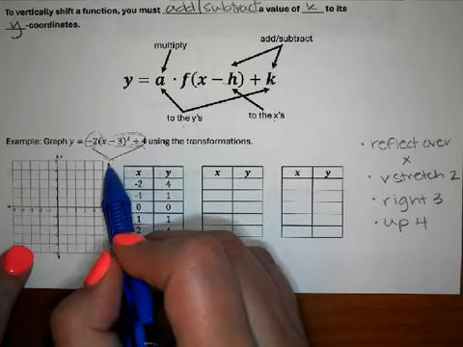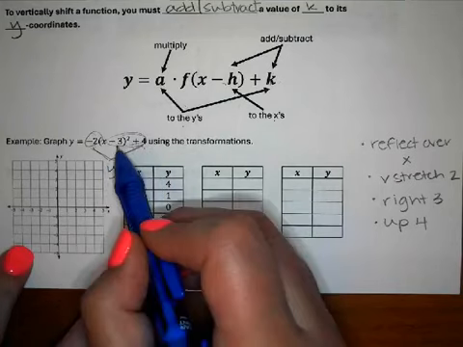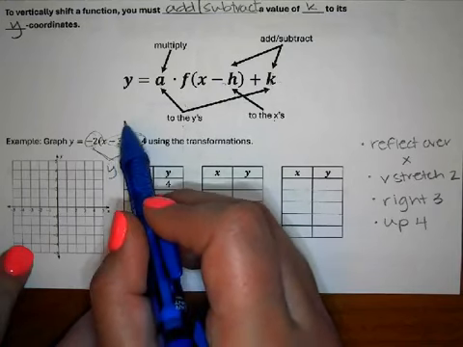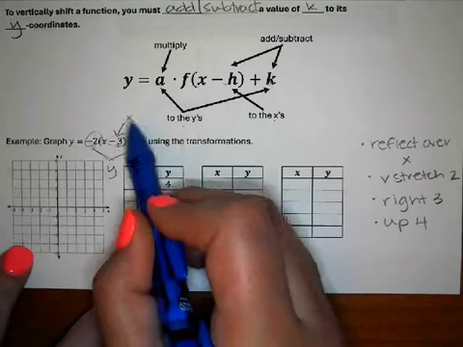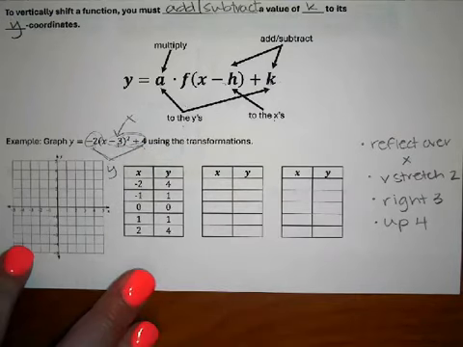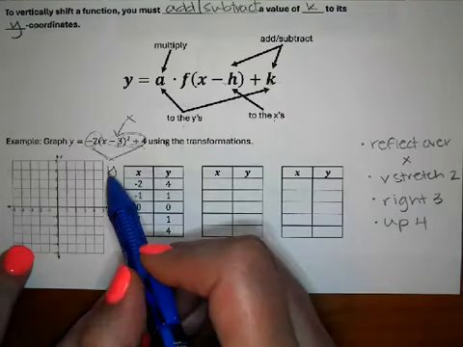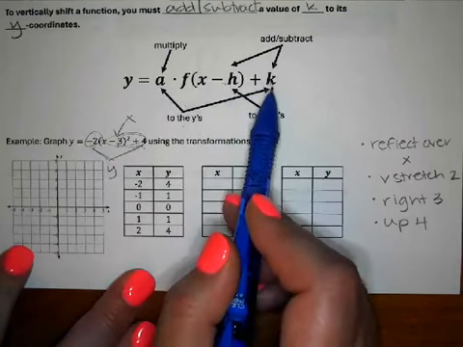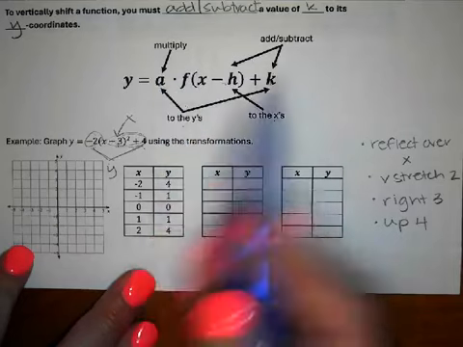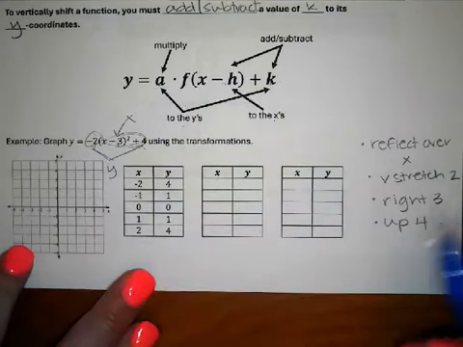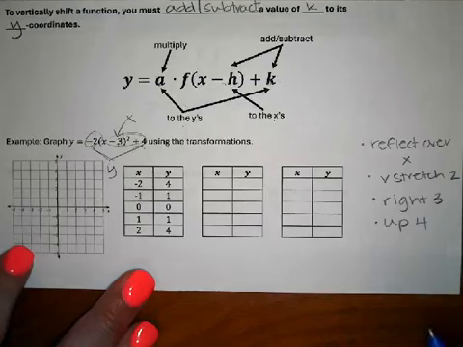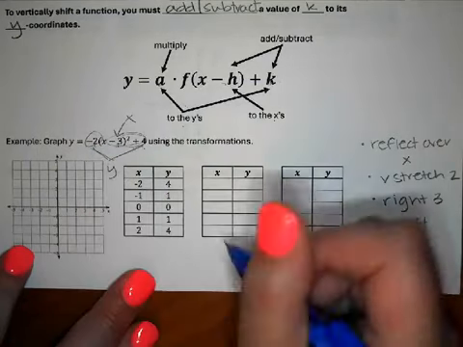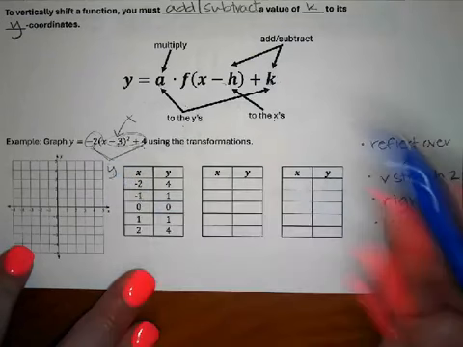The transformation that happens inside the function, inside the parentheses, that happens to the x coordinate. Okay, so first, I always do my transformations from left to right. So I'm going to start with the a value, -2. I remember that little note, we can do the reflection over the x-axis and the vertical stretch at the same time. So that happens to the y coordinate. So I'm going to keep my x coordinates the same.